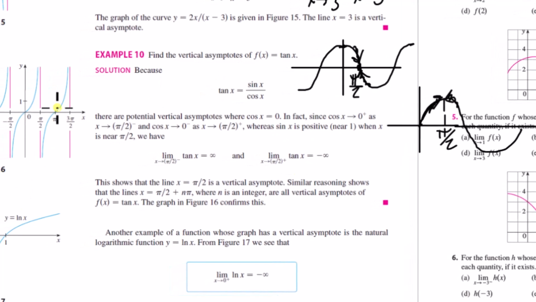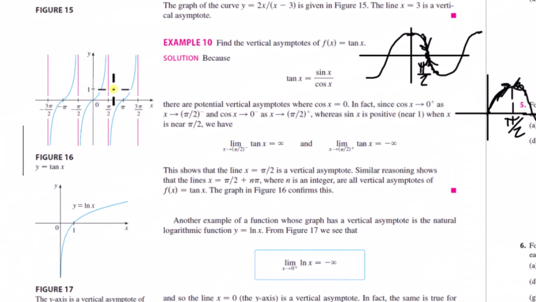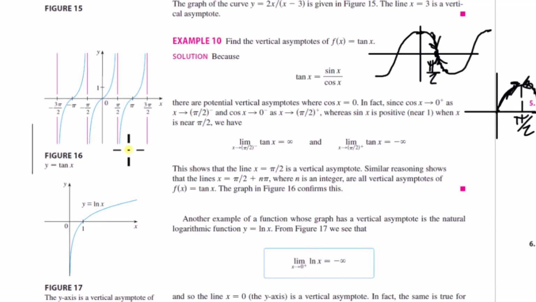And so there's a vertical asymptote at pi over 2. Tangent is periodic with period pi, so we can start at pi over 2 and go plus or minus pi, and you're going to get to another vertical asymptote.